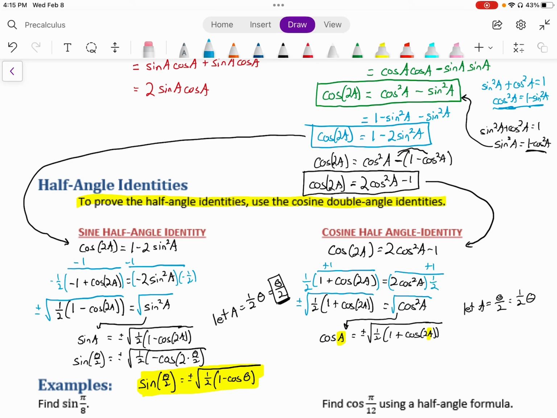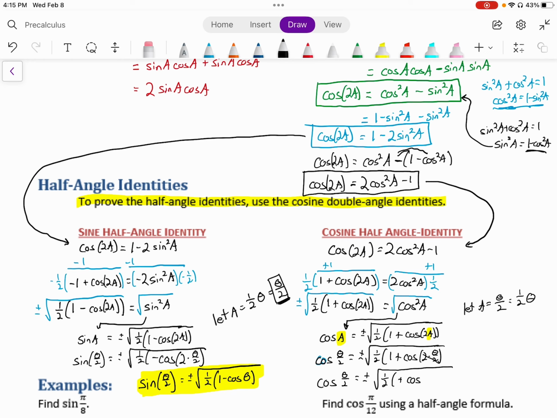And we get cosine of theta over 2 equals plus or minus the square root of 1/2 times 1 plus cosine of 2 times theta over 2, because we're plugging in theta over 2 for a, which finally gives us our half angle identity for cosine, plus or minus the square root of 1/2 times 1 plus cosine.